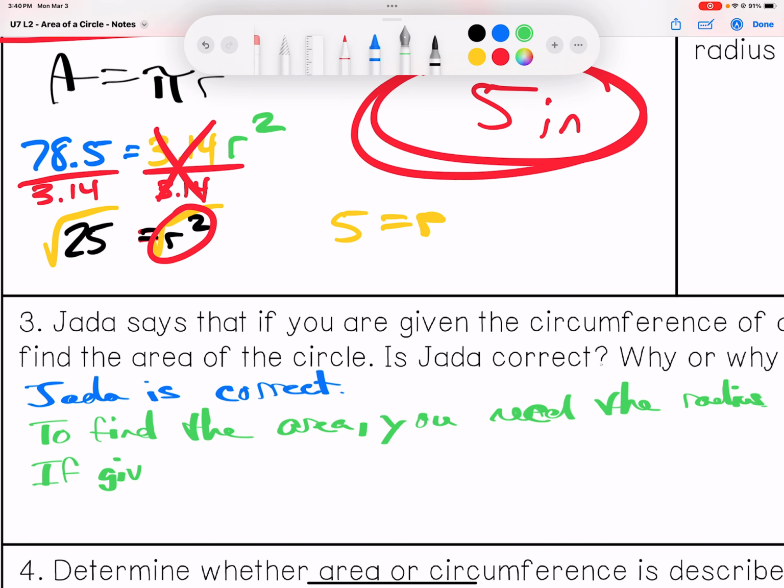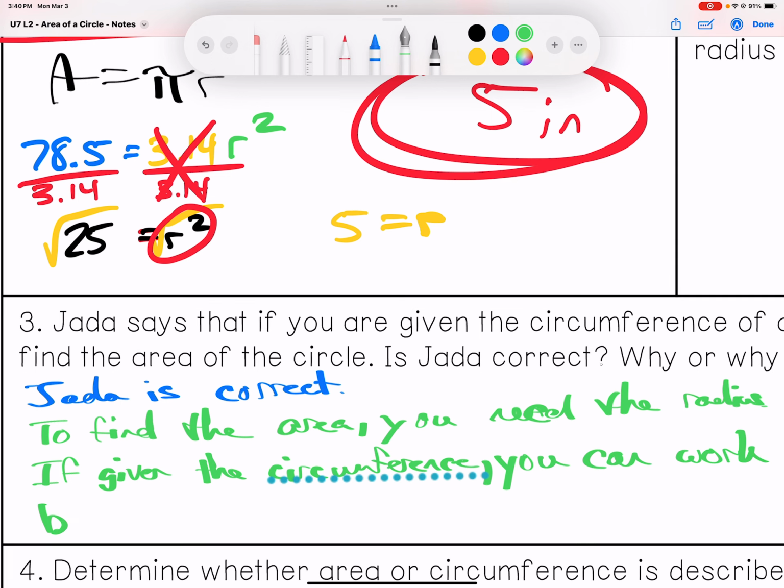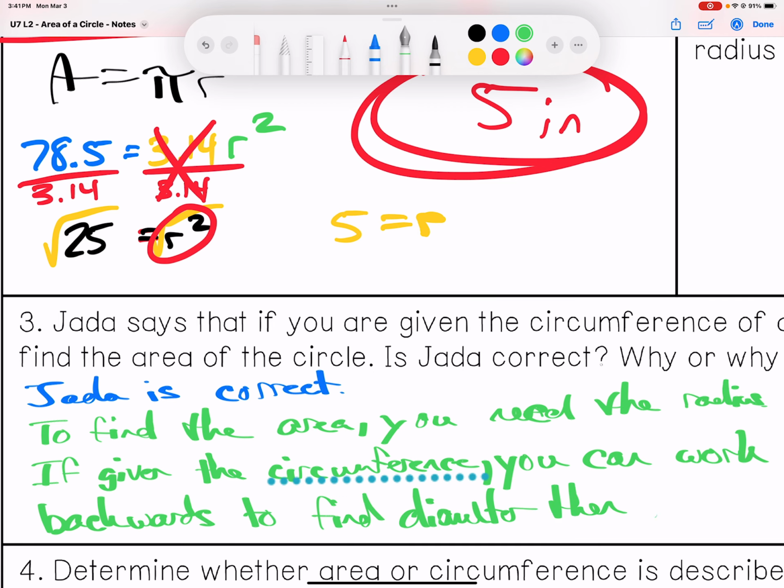If given the circumference, you can work backwards to find the diameter, then the radius.